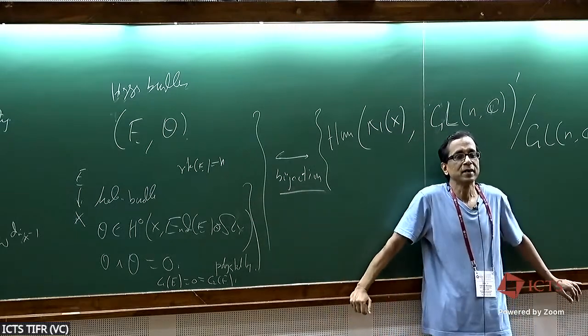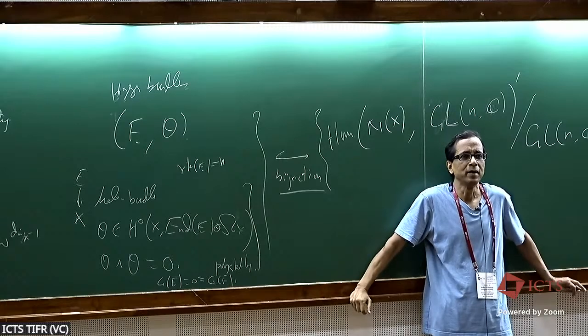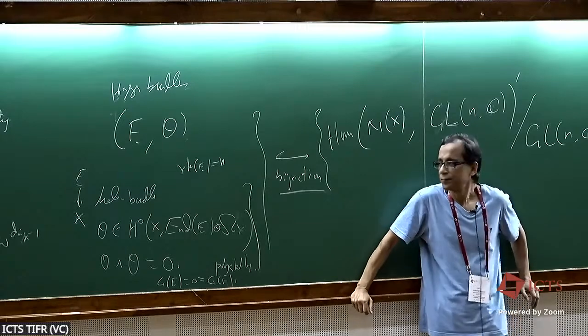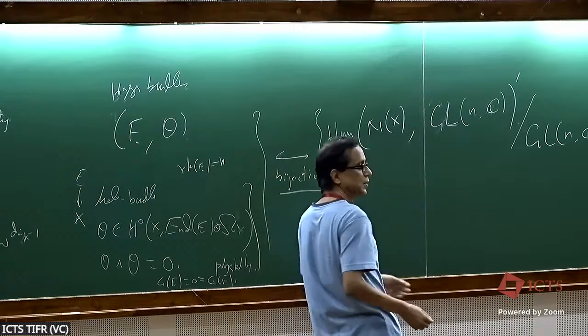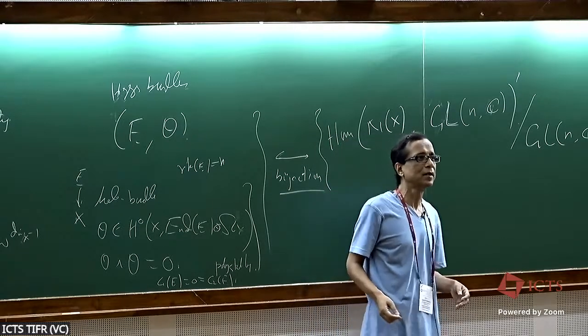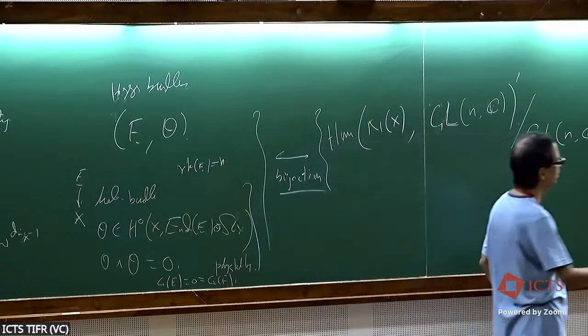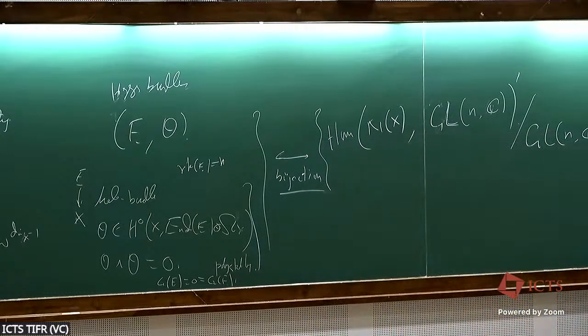A representation gives a flat connection, right? Is everybody clear with that? That a representation of the fundamental group gives a flat connection. Maybe I can quickly recall how pi 1 of X, via rho to GL_n(C), produces a flat connection.